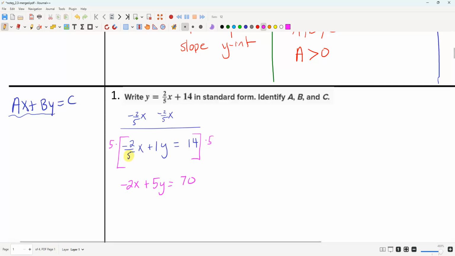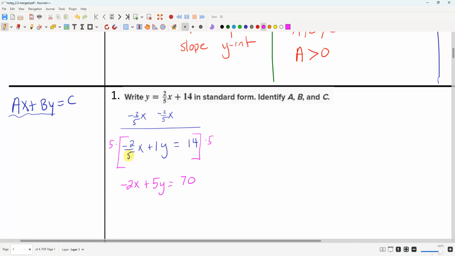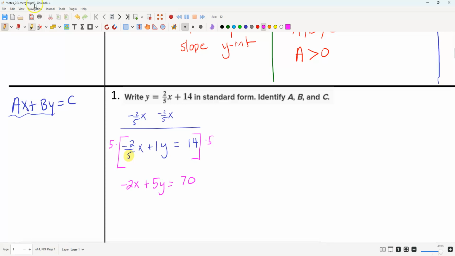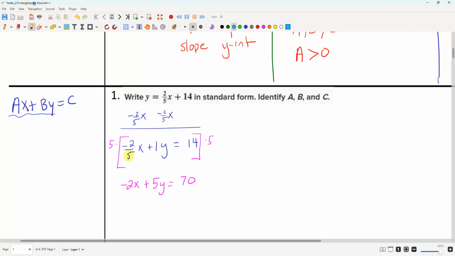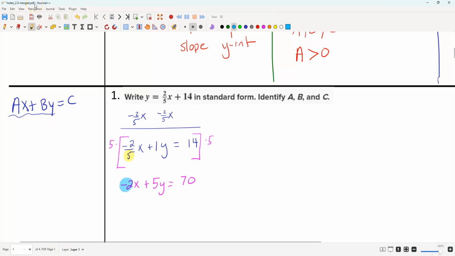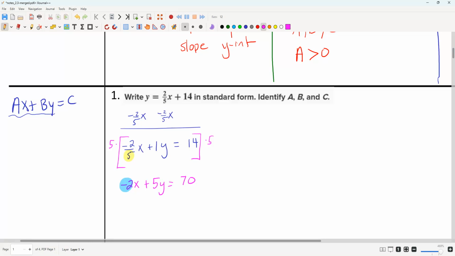We're really close, but remember the a value, which is right here. We could have done this in the last step too, but the a value is negative, and in standard form, we want the a value to be positive. What we could have done is just multiply by negative 5 there and done it in one step, but that's okay.